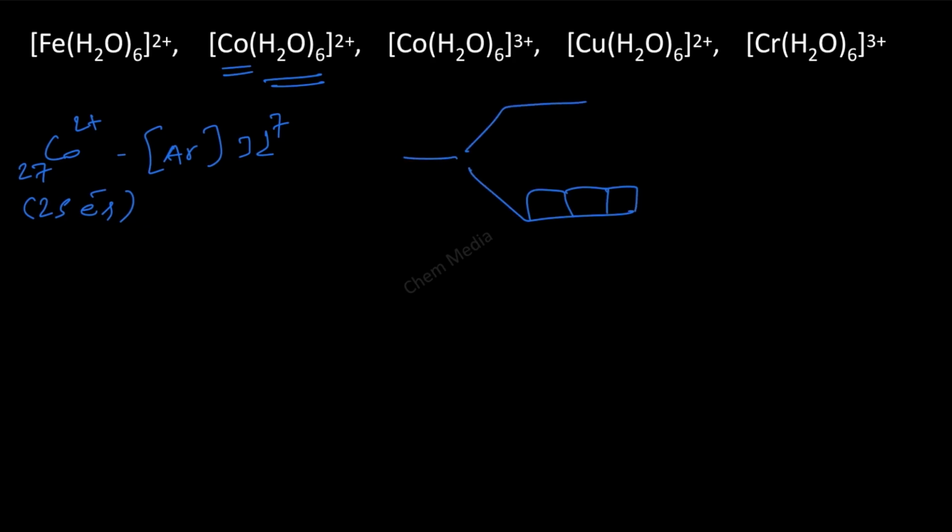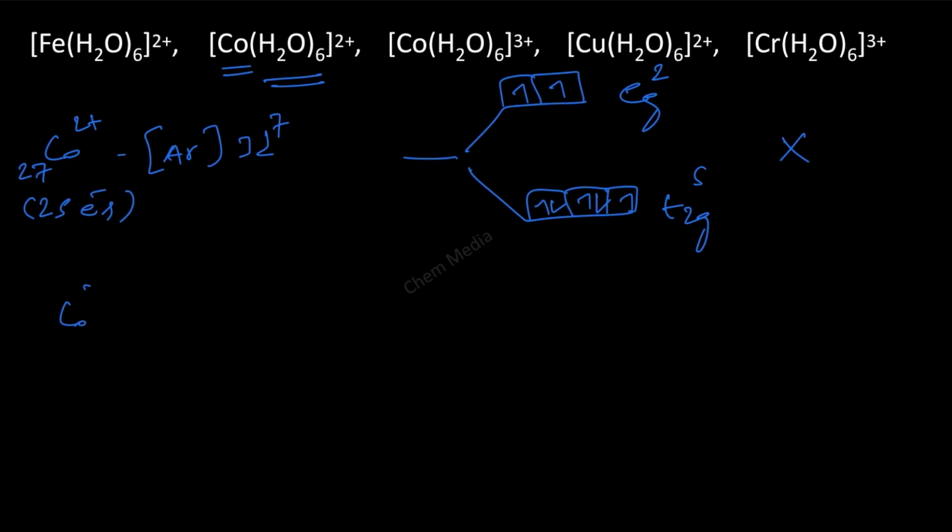We have 7 electrons. So therefore, we can fill it up this way: 1, 2, 3, 4, 5, 6, 7. So t2g 5, Eg 2. Therefore, we shouldn't consider this, because we have odd number of electrons in t2g orbitals. How about the next one?